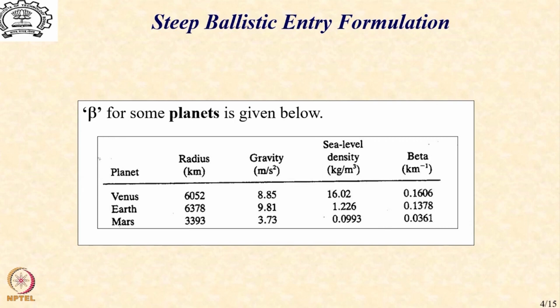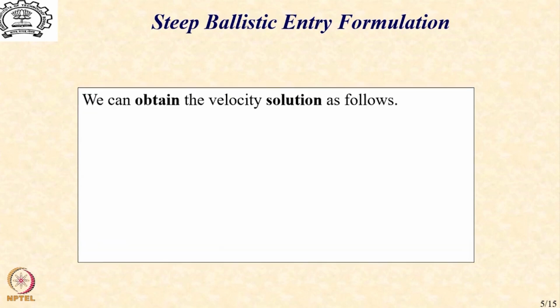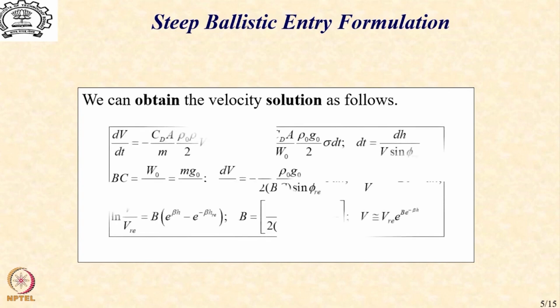That indicates also the kind of atmosphere which is present on these planets. With this in place, it is not very difficult to solve the nonlinear differential equation in a closed form, and we can obtain the velocity solution as given below.